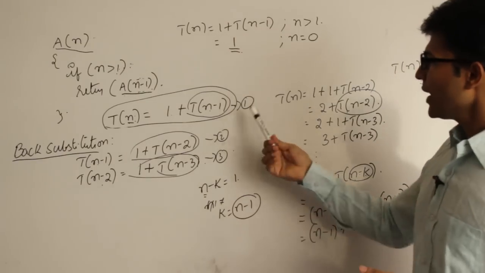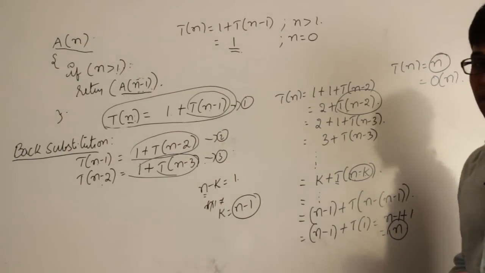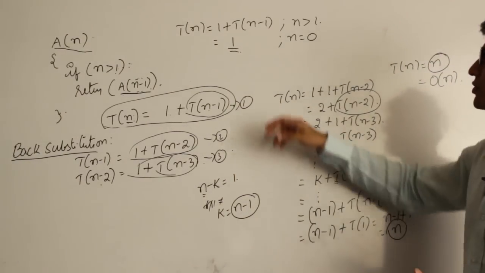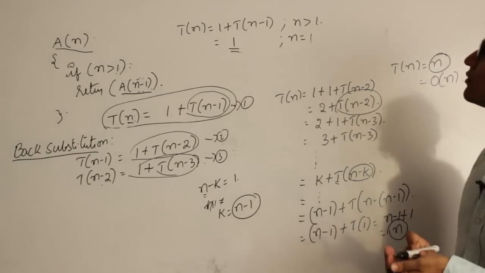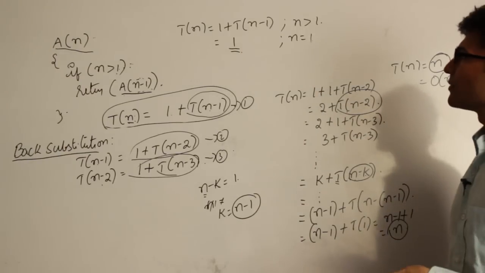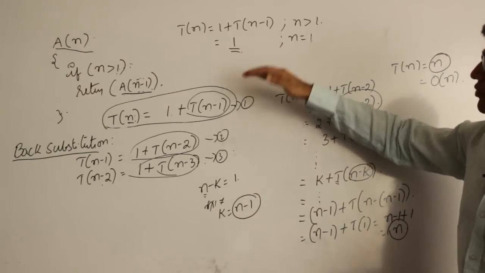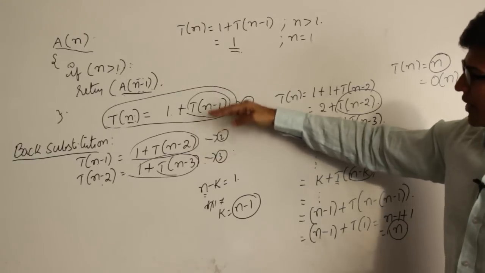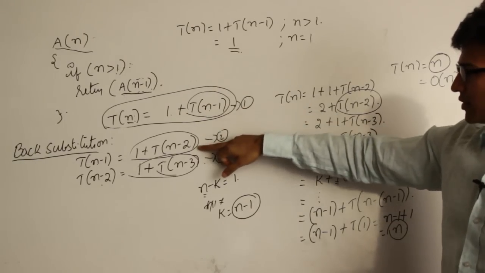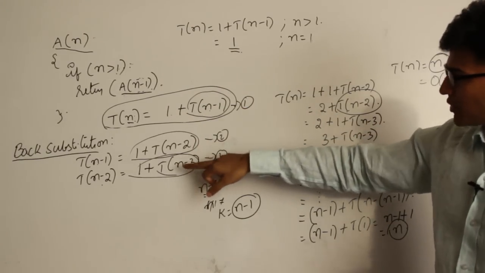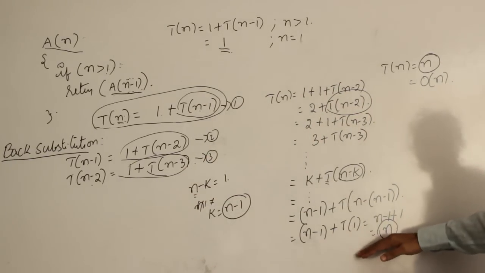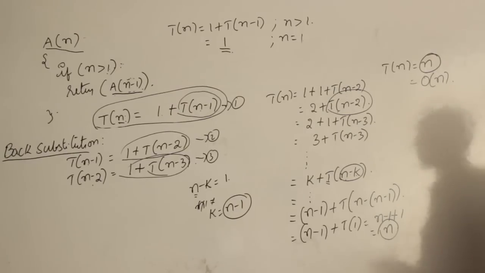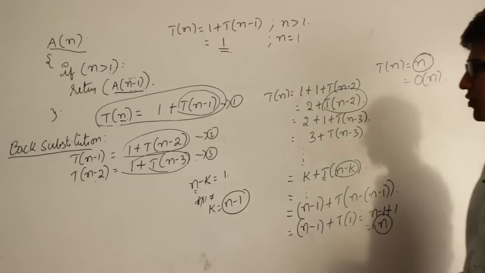You should also find the base condition, because that is where the function is going to stop. The base condition is when n equals, let us say, 1. When n equals 1, it returns 1. Then I kept on back substituting: in place of t of n minus 1, I substituted this, and in place of t of n minus 2, I substituted this. We could go on like this, and finally I got the answer to be n, which is also order of n. Okay, we shall see one more example.